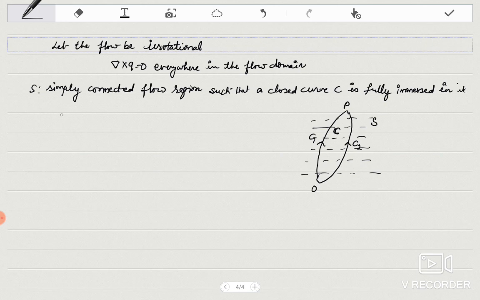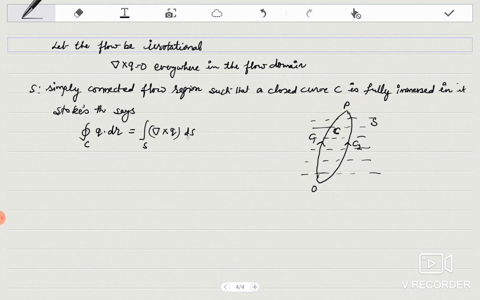Now what does Stokes theorem say? Integral around the curve C of q dot dr, what is this? This is the circulation. This may be written as the surface integral, over the surface in which this C lies, of curl of q dot dS. Curl of q is a vector.